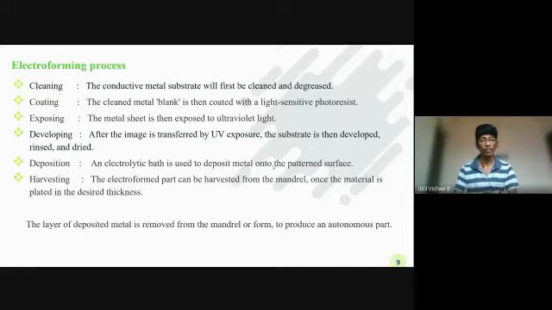The electroformed part can be harvested from the mandrel once the material is plated to the desired thickness. Once the desired thickness of the substrate is achieved, we can remove it from the mandrel.